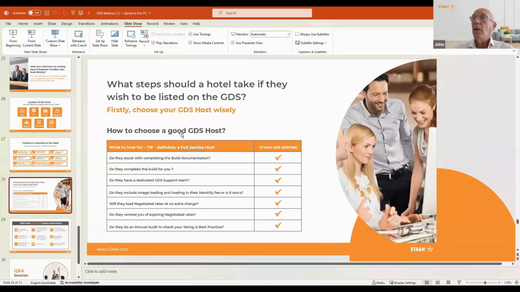So what steps should a hotel take if they wish to be listed on the GDS? Look, the first and foremost important issue is to choose your GDS host wisely. There are some common items that I'll walk you through here, helping you make a selection on a good GDS host.